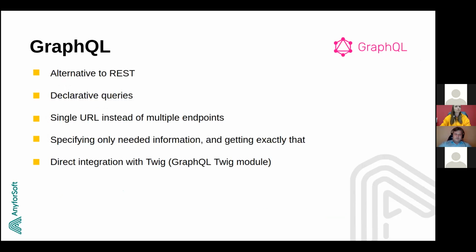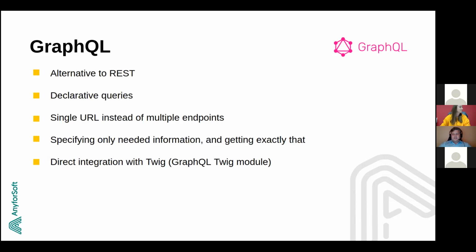An alternative solution to the JSON API is GraphQL. It's an alternative module, and it's already used on a lot of projects. The main thing is that it's an alternative to REST. It's based on declarative queries.